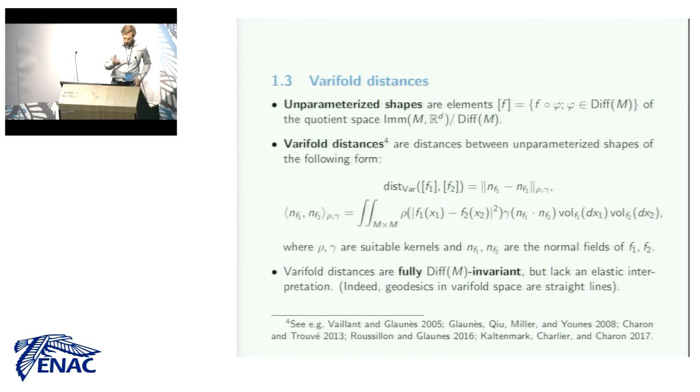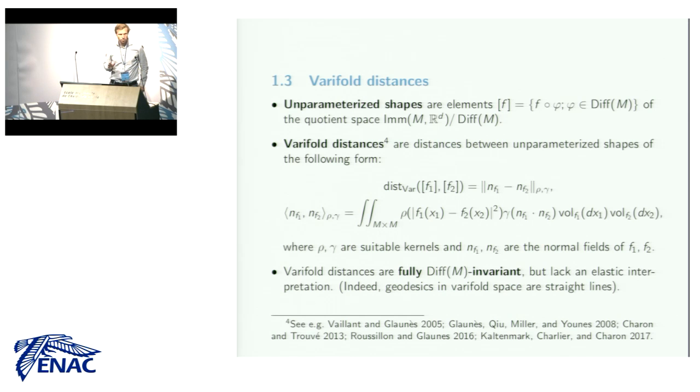Unparameterized shapes are just shapes modulo reparameterization. So I have my manifold M. I can look at the diffeomorphism group of M, and this group acts from the right on the set of immersions, on the set of parameterized shapes. And the corresponding quotient space is the space of unparameterized shapes, and I denote its elements by equivalence classes of f in square brackets.